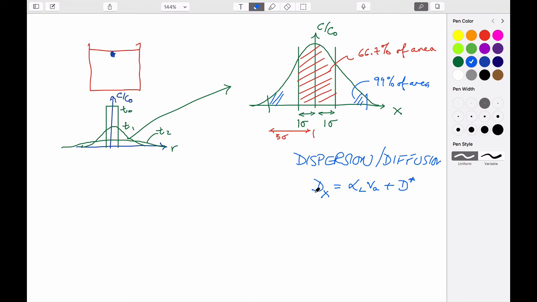Remember? Mechanical mixing, tortuosity, and molecular diffusion, add them together.